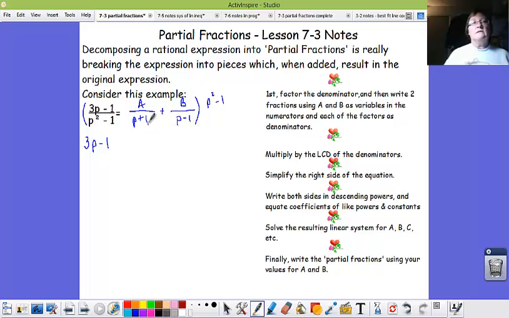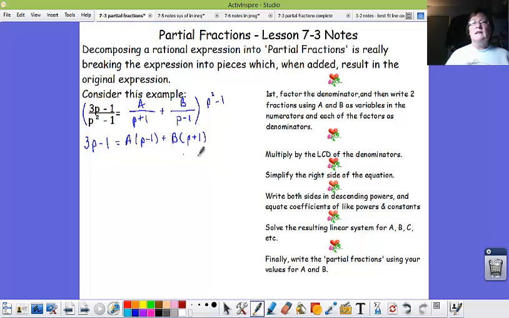Here, we've got to just think, okay, this is the p plus 1, but we need to get this into it. So it's going to be A times p minus 1. We have to multiply this numerator by the part of the denominator it didn't have. Same thing here. B is going to get multiplied by p plus 1. Now we've gotten rid of the denominators, which is good.